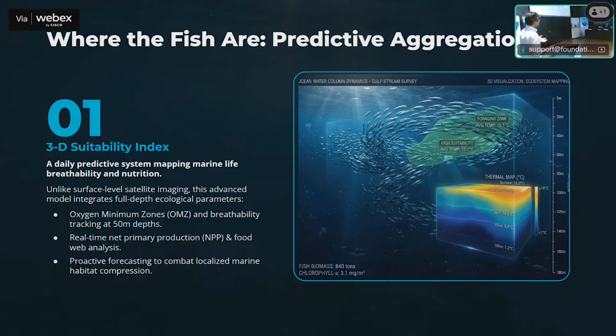If we have a map of the Indian Ocean, by the score we can tell which region has how much fisheries and which species are there. It also covers a few of the major aspects like oxygen minimum zones, the food web, and forecasting aspects, which are currently covered with several limitations.